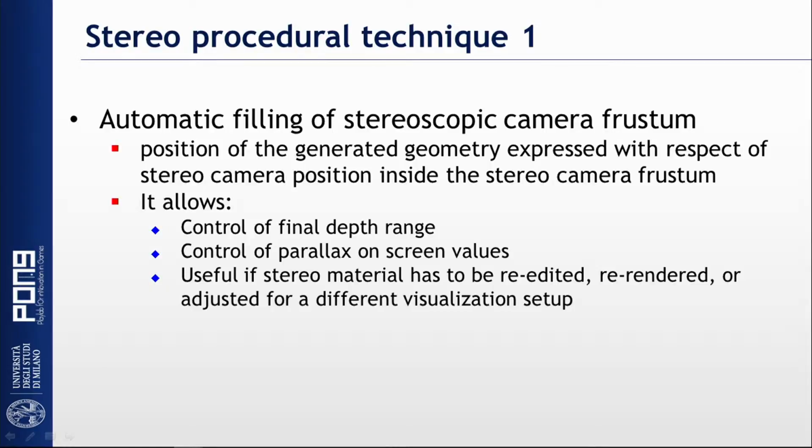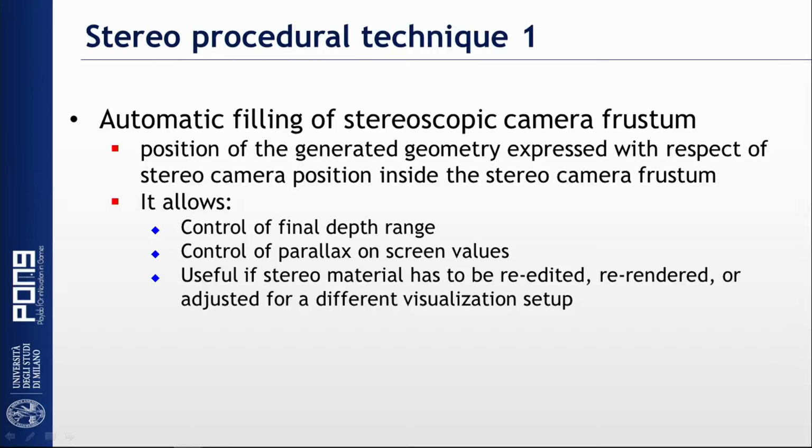It's trivial. If I have to create 3D computer graphics, I have to decide the 3D position of an object in a scene. So let's use what is called in computer graphics camera space. Let's decide the position using the camera as the origin of the world, and let's decide the depth, the Z position of the objects, considering the stereoscopic frustum.